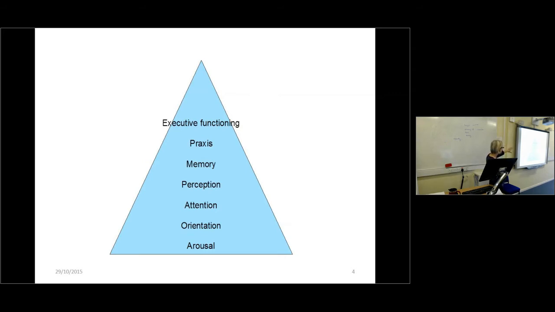You can have reasonably intact all of the others, but executive function can be damaged, and that can have massive implications on people's ability to then function in everyday life. And that can be more common in the walking wounded, so you might not see those as much because they tend to have less motor problems, but it's more common with people that have those sorts of head injuries where they don't necessarily get admitted and then they're just left to their own devices.